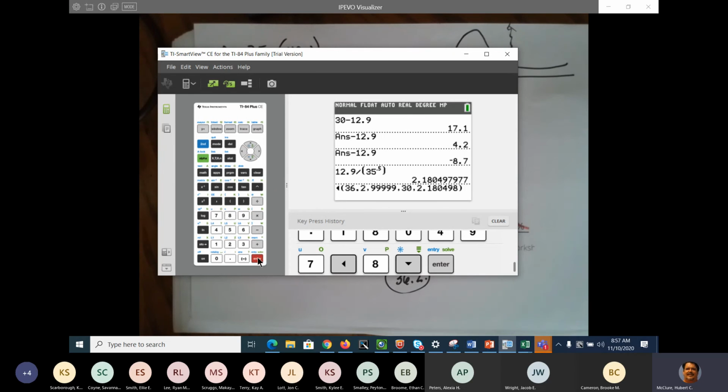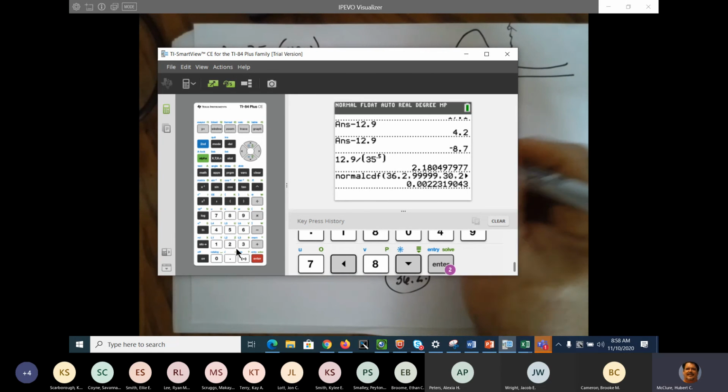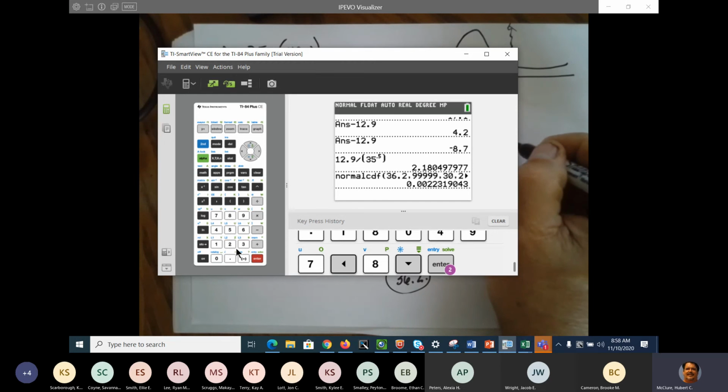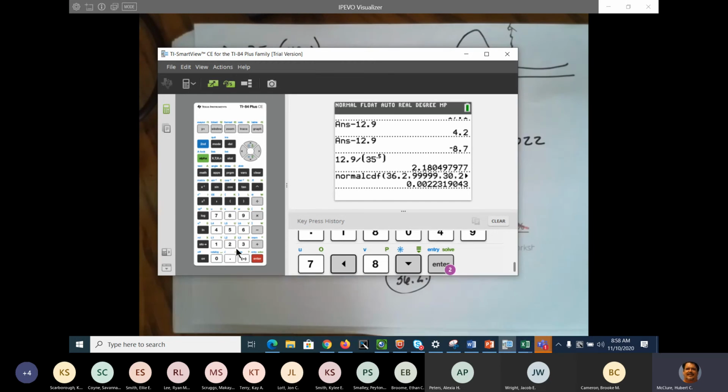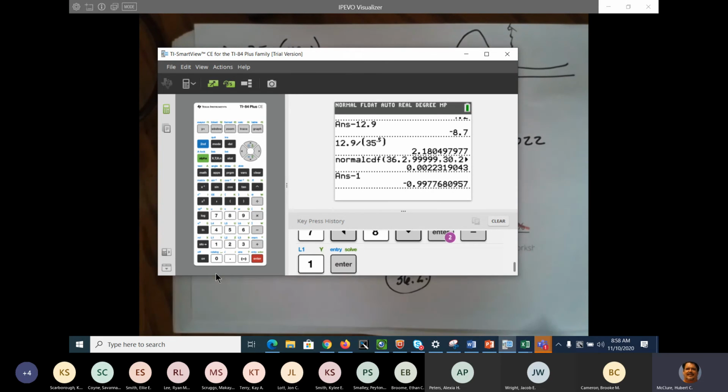Paste and paste. So above the 36.2 pounds is 0.0022. So subtract 1. That means below is 0.9978.